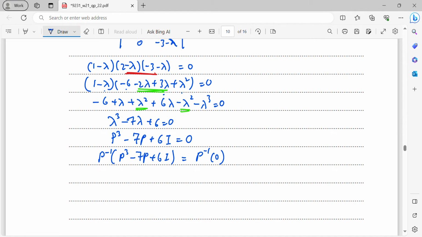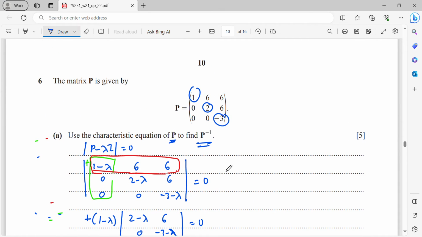So here, when you do expansion, you will be getting P squared minus 7I, because P inverse times P is I. Then 6I times P inverse will be 6P inverse. Then the right hand side remains as 0. So from here, my 6P inverse equals to 7I minus P squared. And now the question asks for P inverse.